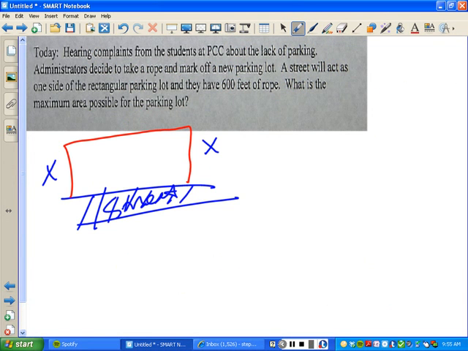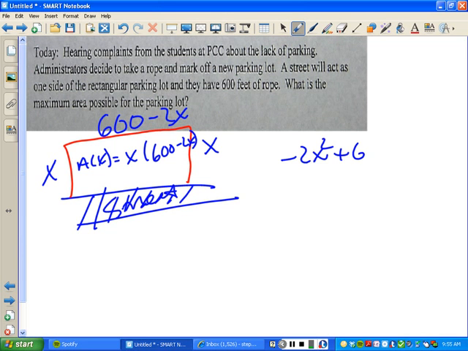How much is left over? 600 minus 2x. What's the area going to be? x times 600 minus 2x, so it's negative 2x squared plus 600x.